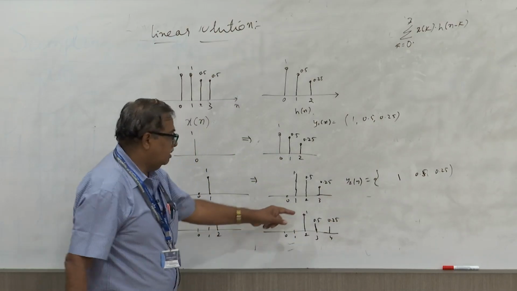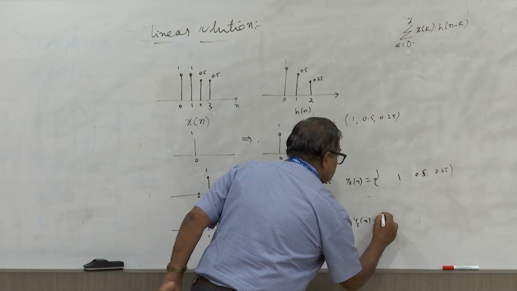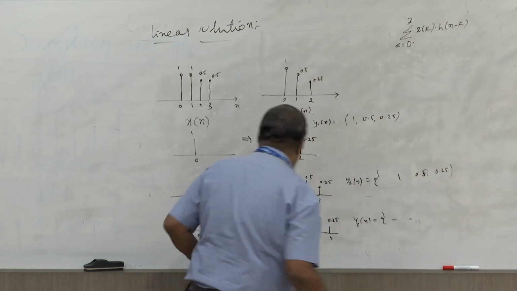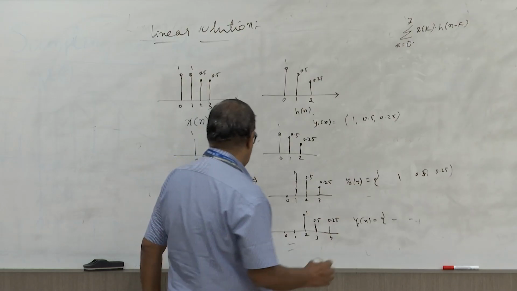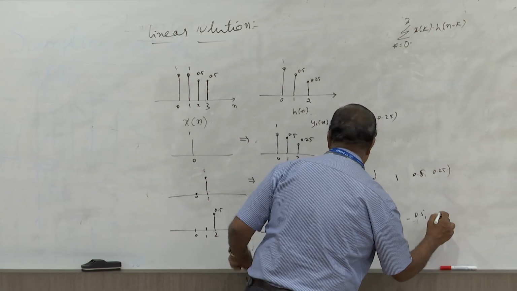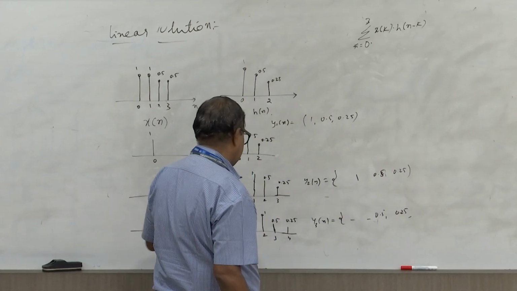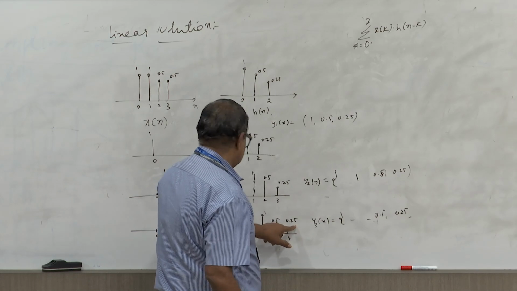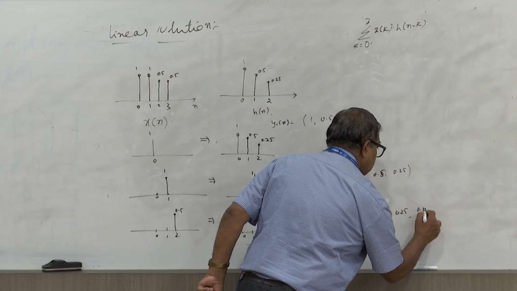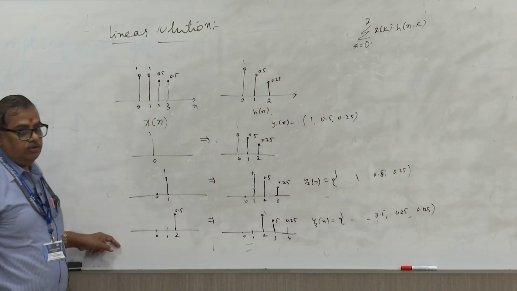Now let us multiply here. This will be y3 of n. I have to leave 1, 2 spaces here and then multiply. So this will become 0.5, 0.25, and then if you multiply 0.5 and 0.25, that is 0.125. So this is how we carry out the process.